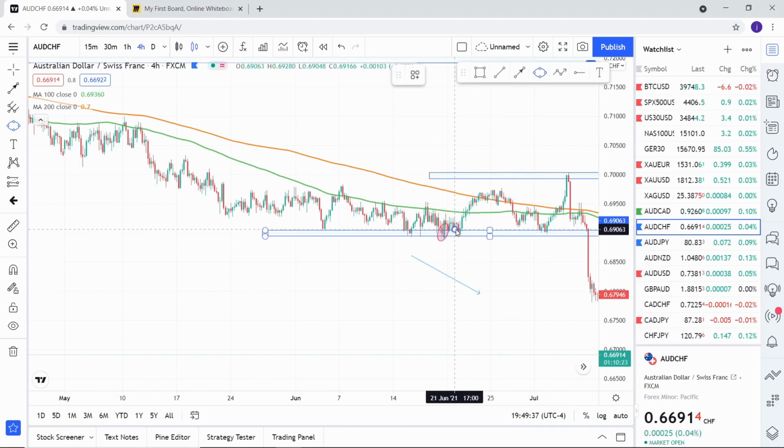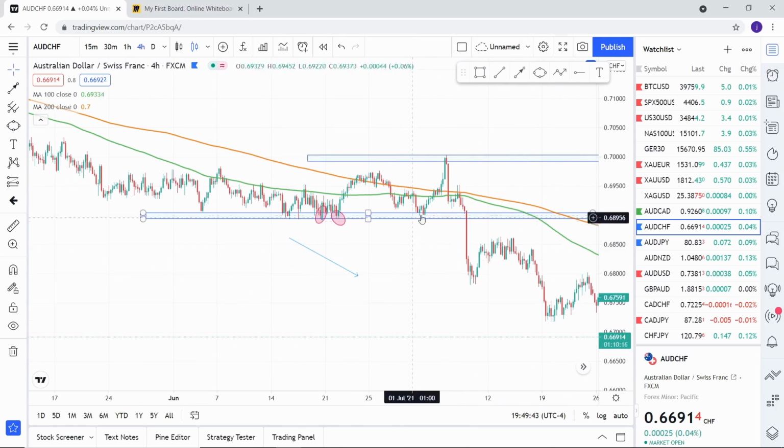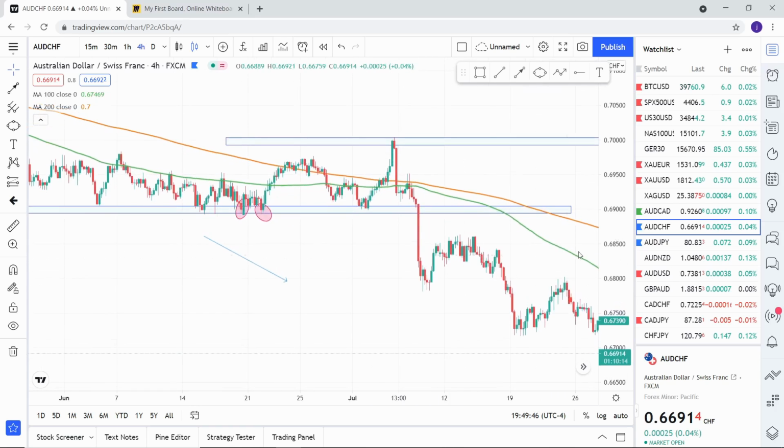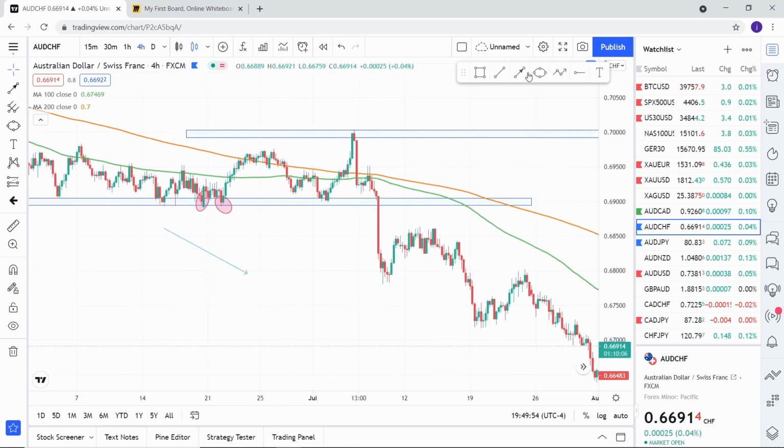Alright, so if we have a break below these areas, we now have a clearer opportunity to enter short. As you can see, we had that right here. Price came in, it went up a little bit, then it came down into this area right here, and boom, crashed. Just completely crashed through that area right here. So at that point, price came back up a little bit. We could have entered a trade somewhere around here.